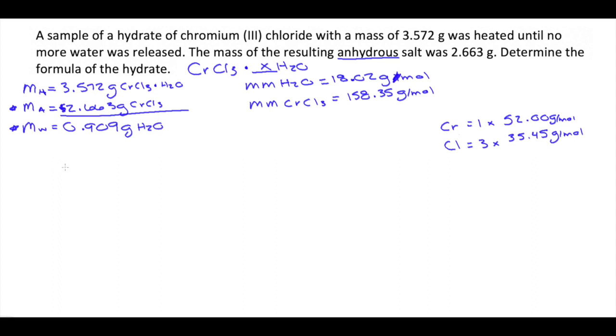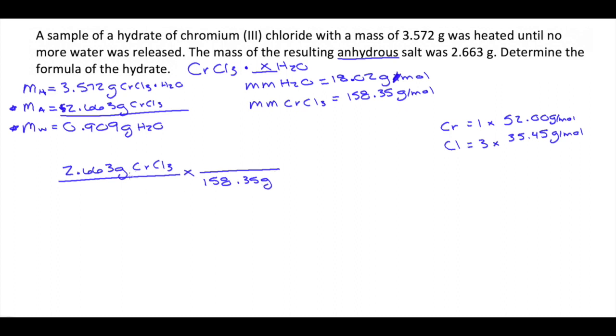I'm going to start with my anhydrate, so 2.663 grams of chromium 3 chloride. Remember, I'm going to use my molar mass as a conversion factor here, so 158.35 grams goes on the bottom because I need grams to cancel out.